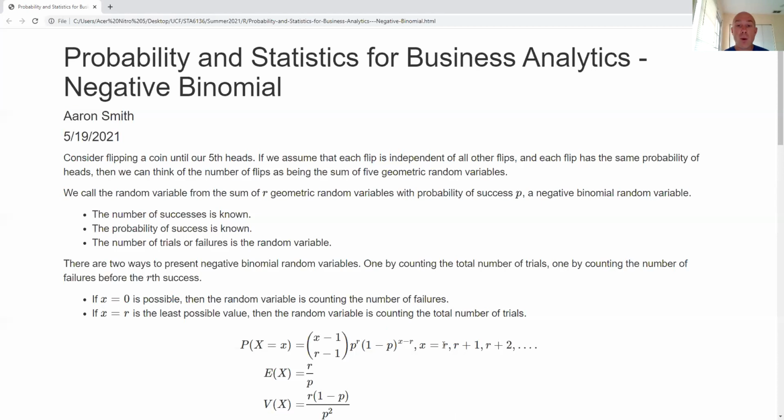And then our random variable can be R or R plus 1, R plus 2, and so on. That gives us the probability distribution. Our expected value is going to be R over P, and our variance is going to be R times the probability of failure on a flip, divided by P squared.